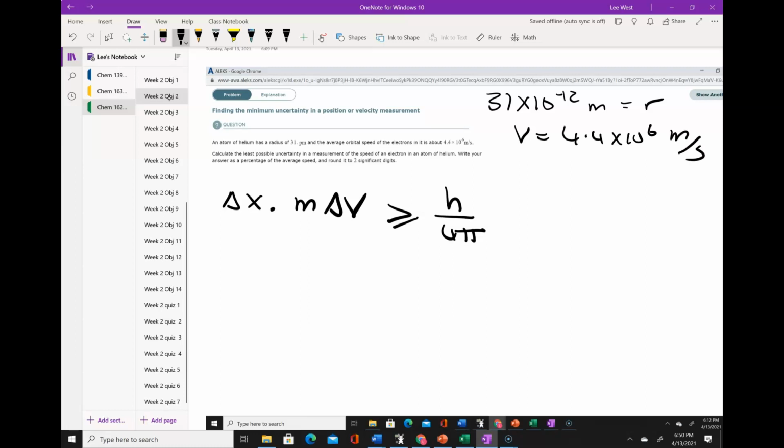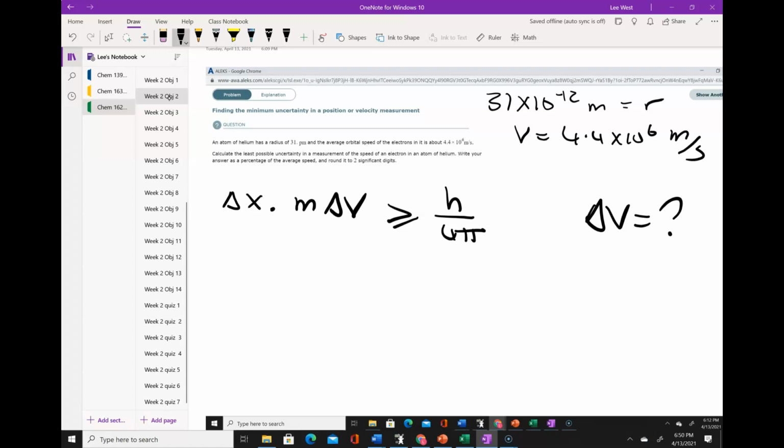Now, obviously, there's a little bit of uncertainty in that, because there's always uncertainty in both position and velocity. Calculate the least possible uncertainty in a measurement of the speed. So we're going to be solving for what the uncertainty in the speed is.